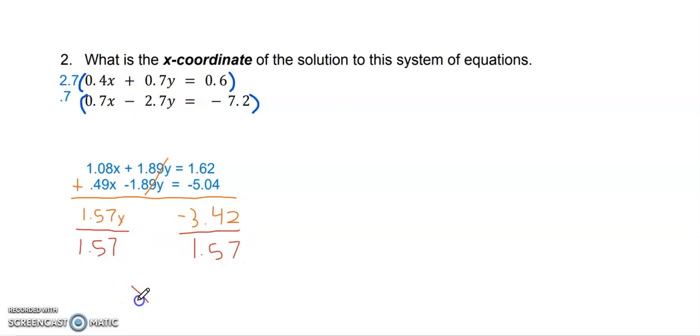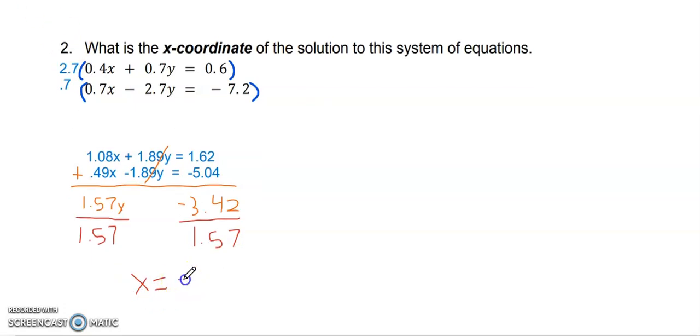And I'll get x is equal to negative 2.17834. So that will round to about x equals negative 2.2. Since my 7 is greater than 5, I'm going to go ahead and round that 1 up to 2.